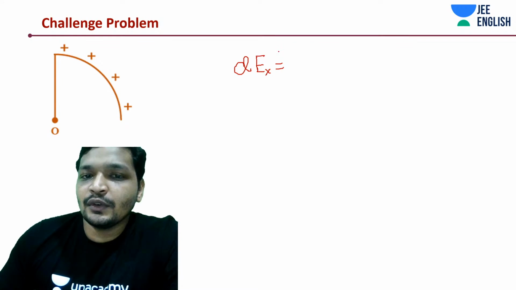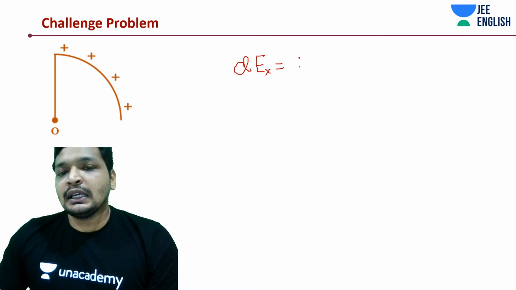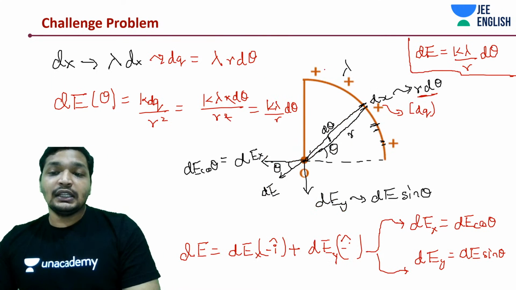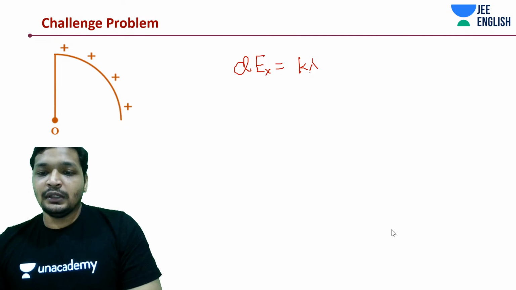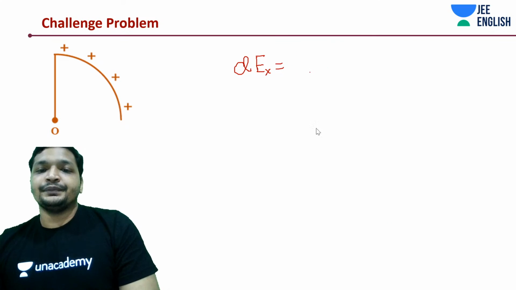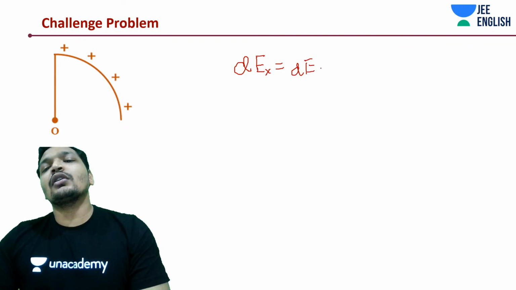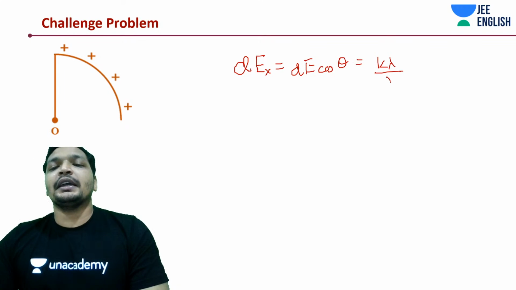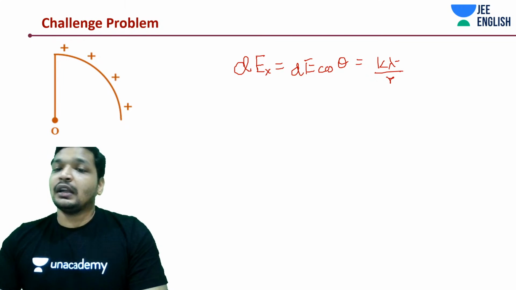Integration. Okay, we had dx is equal to what? dE cos theta, which is k lambda cos theta. Just substituting values. Let me write it down this way: dE cos theta, which is going to be k lambda by r d theta in the denominator, r square. r got cancelled.